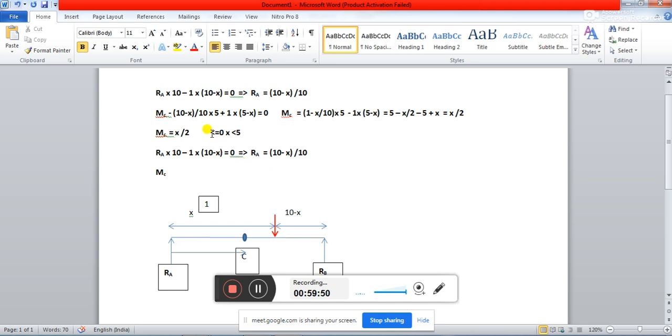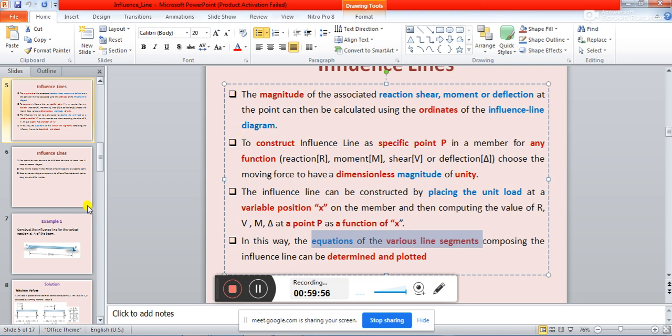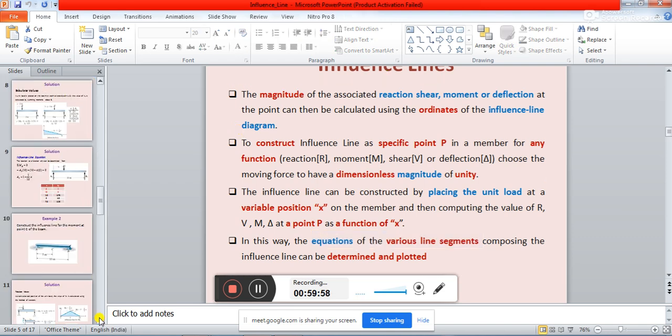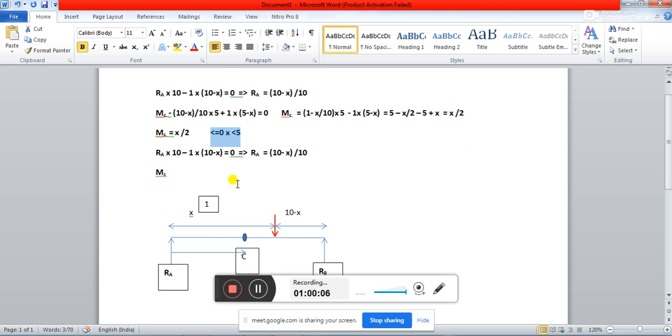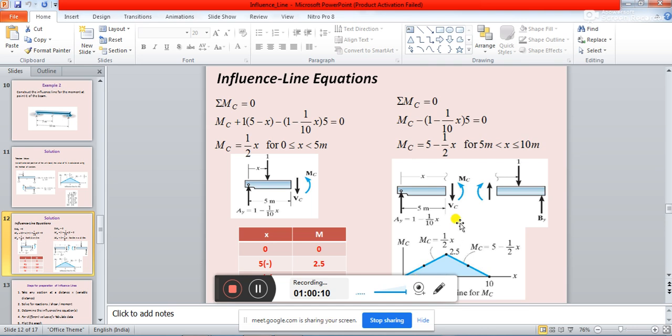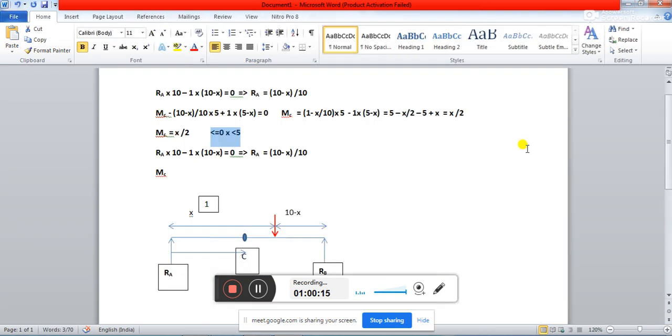So for the portion where x is a little bit more than 5 meter and less than or equal to 10 meter.